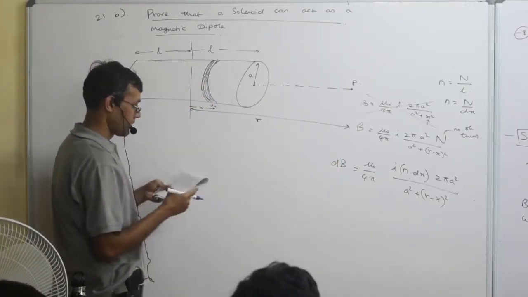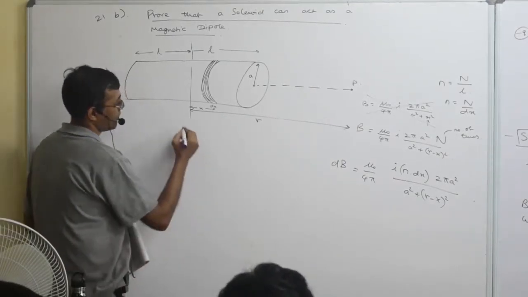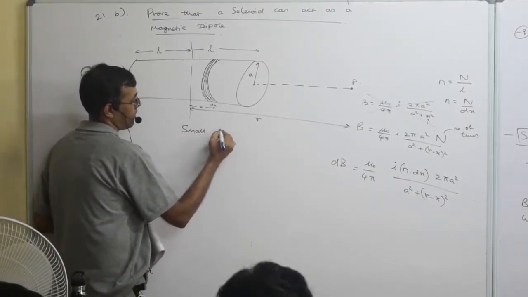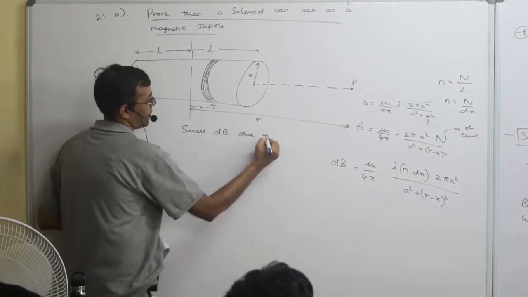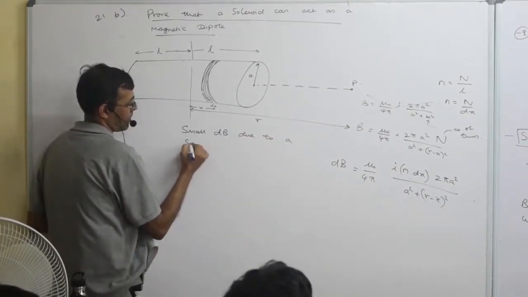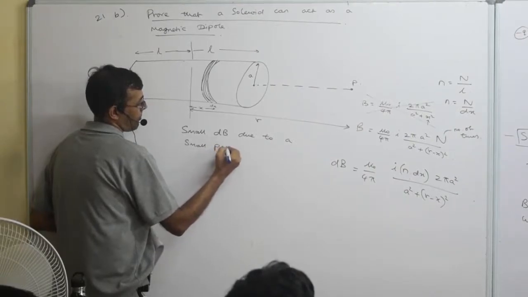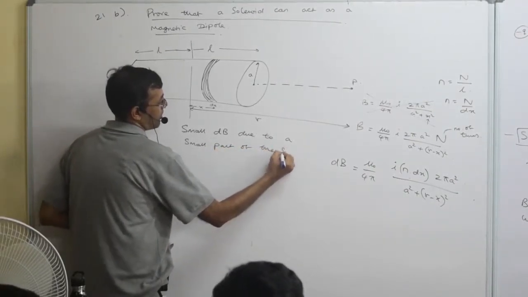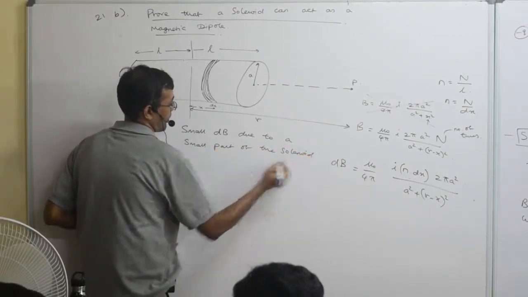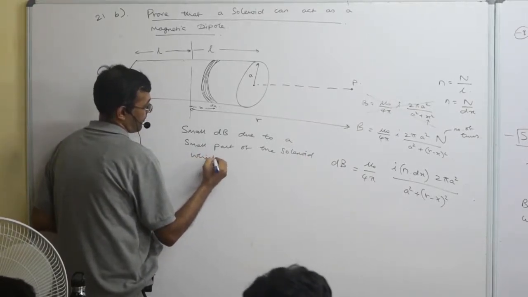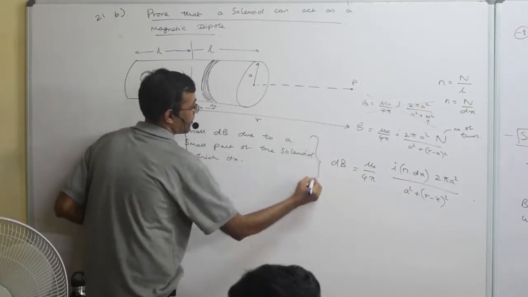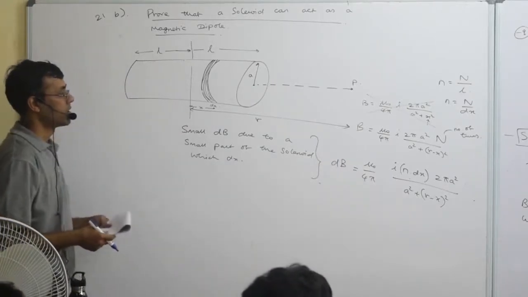So a proper explanation for this is small dB due to a small part of the solenoid which is dx. This would be the proper explanation.